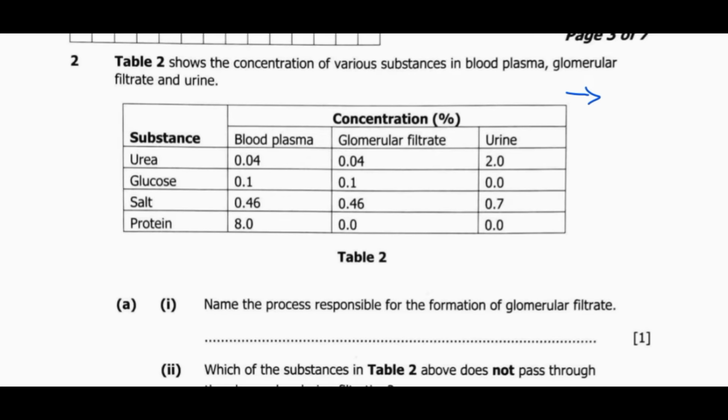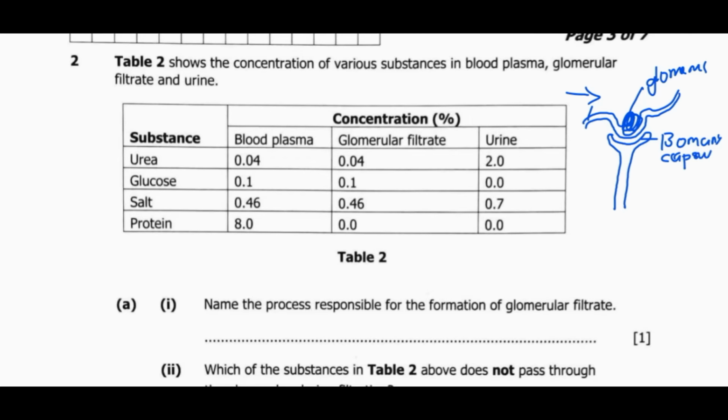Then in glomerular filtrate, if you just look at the structure of a nephron, the blood vessel that brings blood to the Bowman's capsule is what we call the afferent vessel, and this structure is what we call the glomerulus. Here there is a cup-shaped or funnel-shaped structure, and this is known as the Bowman's capsule.